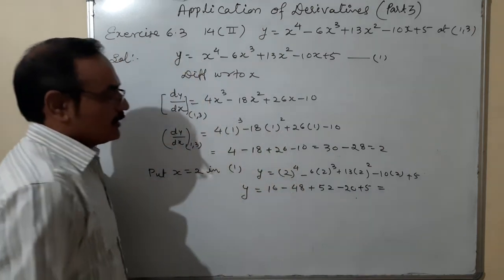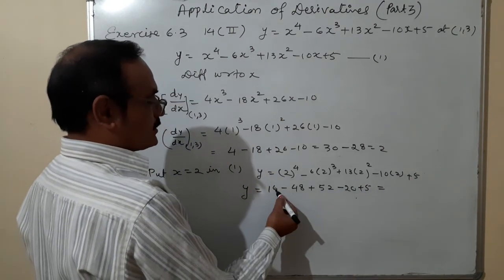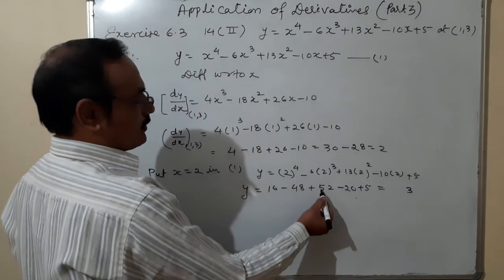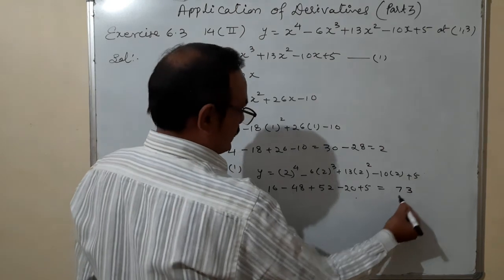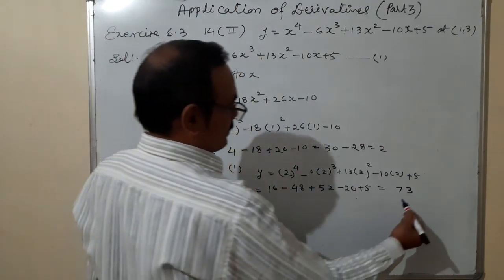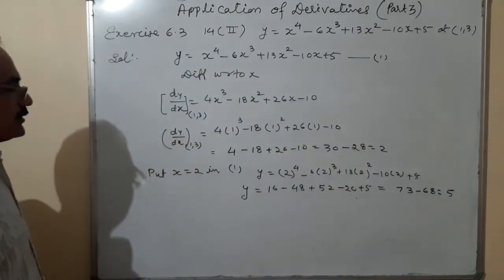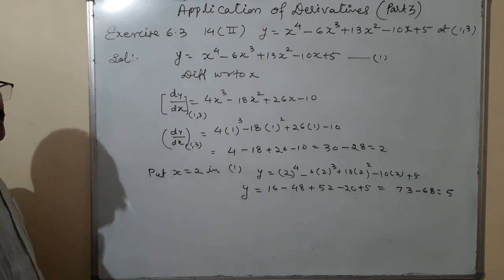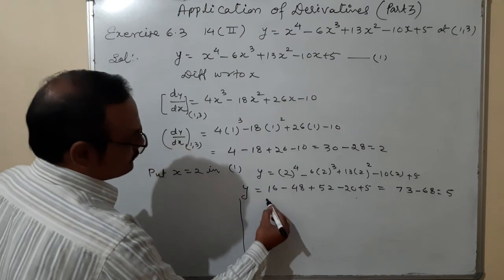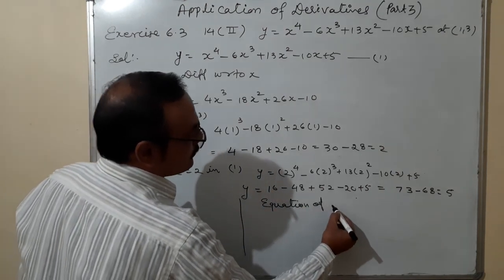That means positive terms 16 plus 52 plus 5 is 73, and minus 68, result 5. Okay, so that means the value of x is equal to 2 and y is equal to 5. Equation of tangent.